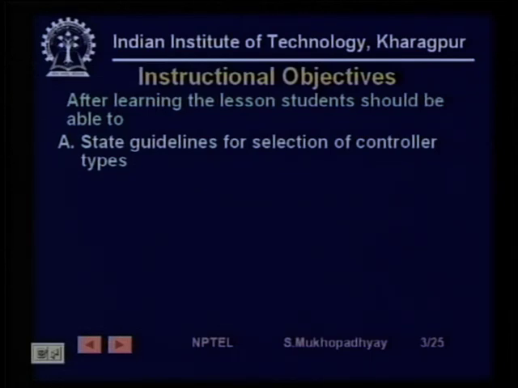When I said PID controller, I actually mean a class, that is the three classes of controllers, that is P control, PI control and PID control, which are most often used in the context of industrial automation. So, the student should be able to select one of these types.